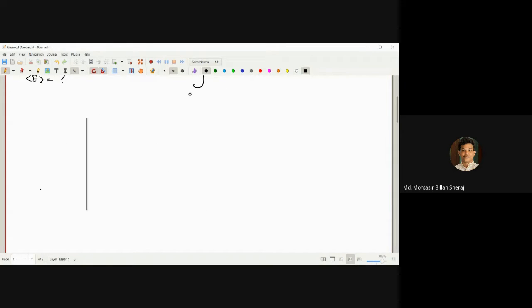Symmetric means if you plot that distribution function, you will get equal area on both the positive x and negative x side. So let's say this is the plot of Vx versus g(Vx).